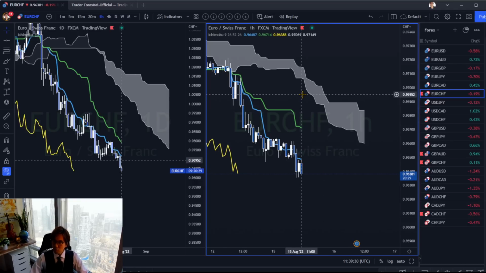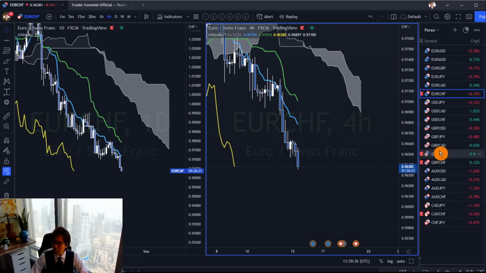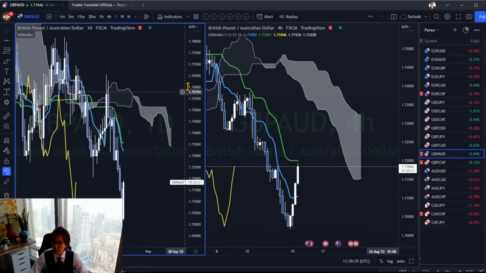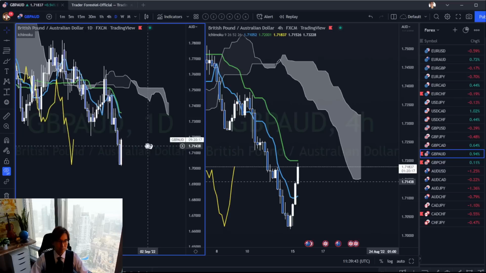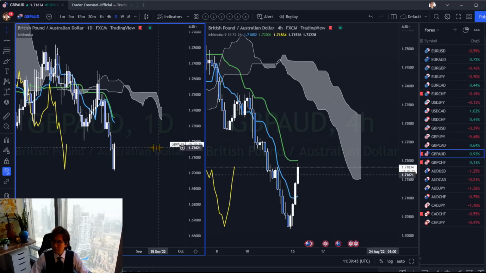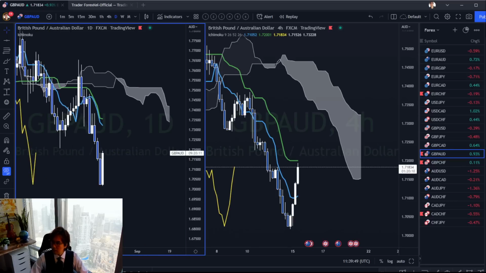I will switch back to the 4-hour and daily time frames. So let me now check the pound AUD. Okay, so pound AUD at a glance, if you check the daily time frame, the angles of Senko span A and B are down.